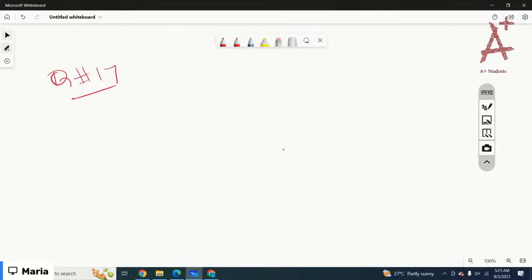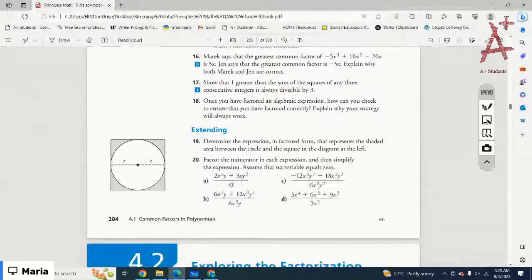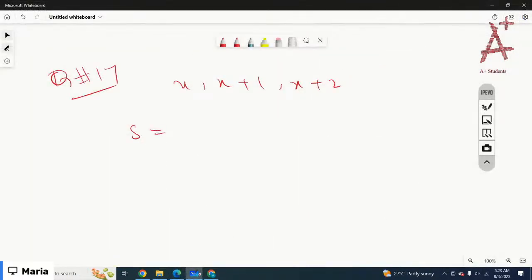So they are x, x plus 1 and x plus 2, because they are three consecutive numbers. You have to show that the sum is divisible by 3. Let's add the squares of x, x plus 1 and x plus 2.